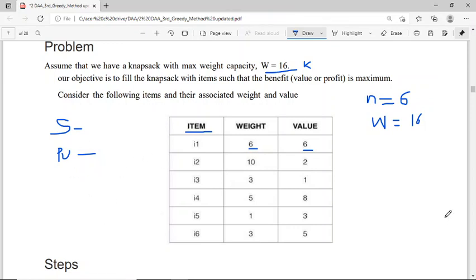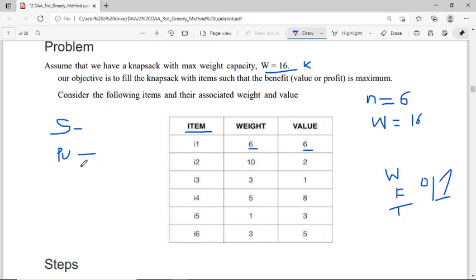Examples are washing machine, fridge, TV, you cannot make half. You need to take full. Either you take the fridge, otherwise no need to take. That is called 0 by 1, that you are going to get in the coming classes.